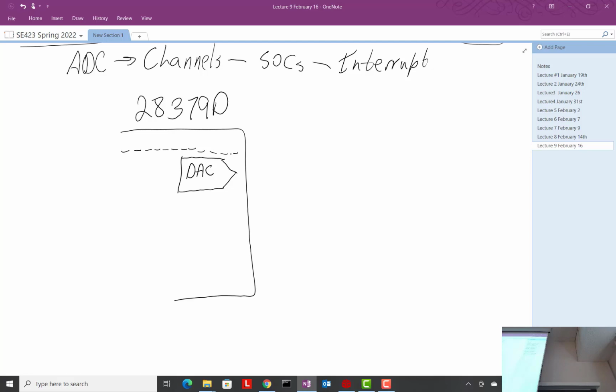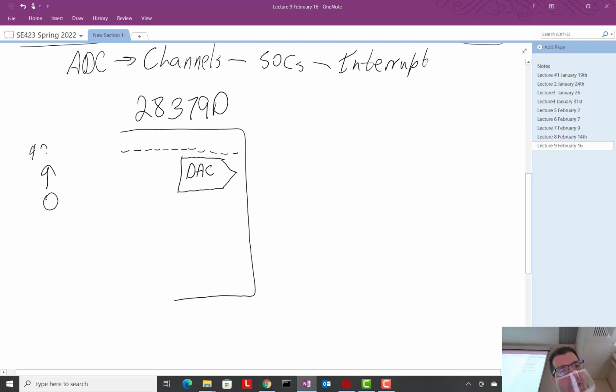The range is 0 to 4095. When you write the integer 0 to the DAC, you're telling it to output 0 volts. When you write 4095, you're telling it, well, plus or minus half a resolution.